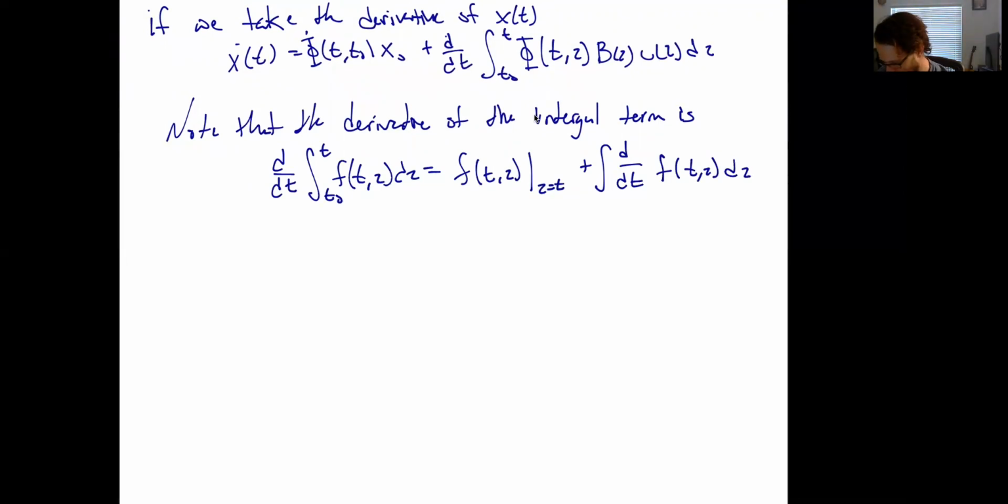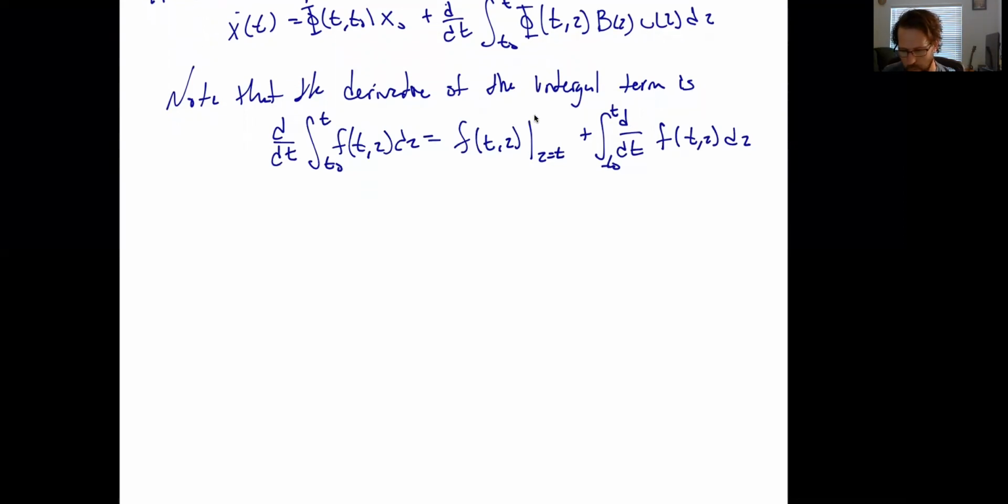Essentially, first you take the derivative of the integral, which gives you the function evaluated at tau equal to t. Then you get the derivative inside the integral, due to the chain rule.